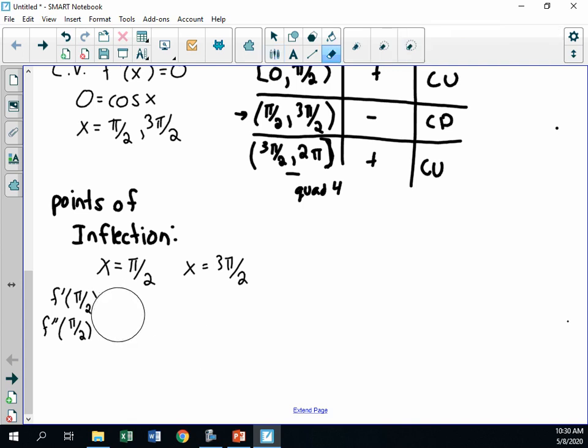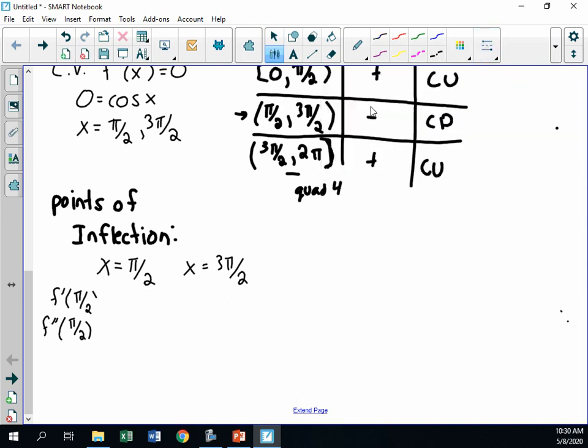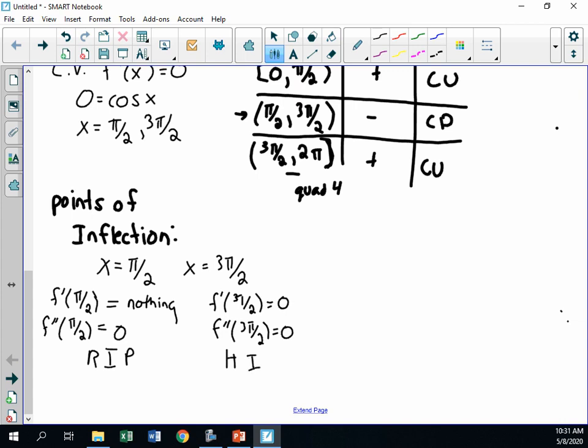Shoot, I'm thinking about the 3 pi over 2. So f prime was not 0 here, so this is a regular inflection point. But for this one, f prime at 3 pi over 2 equaled 0, and f double prime at 3 pi over 2 equaled 0. So it's a horizontal inflection point.